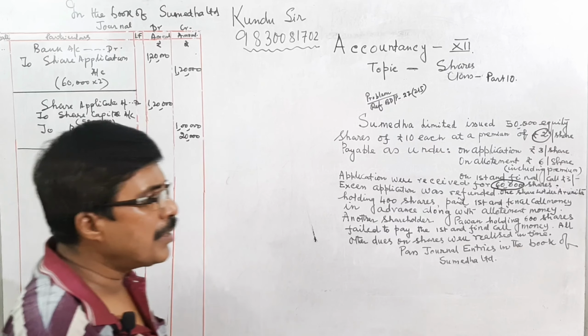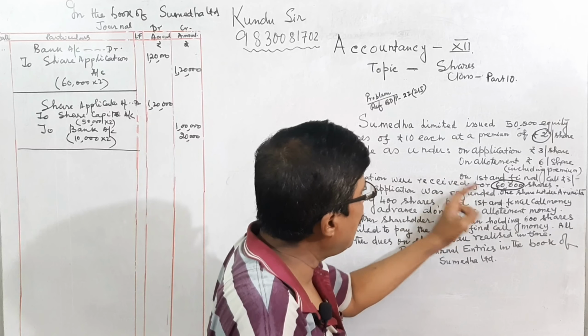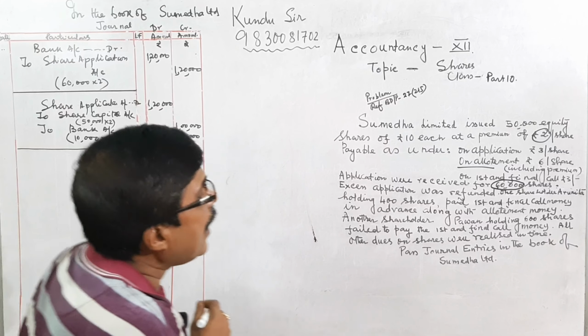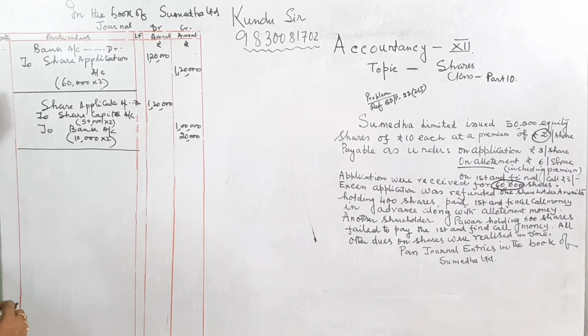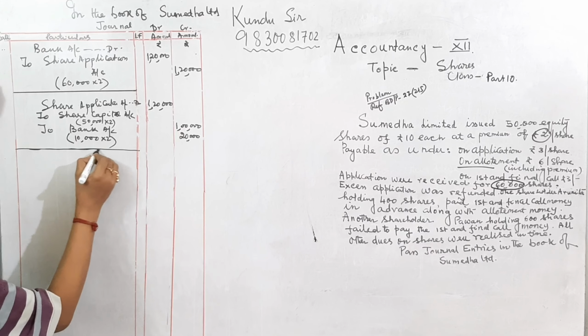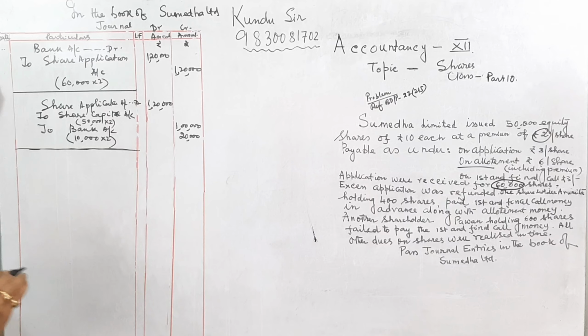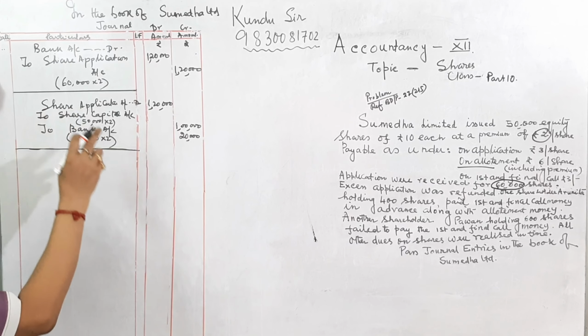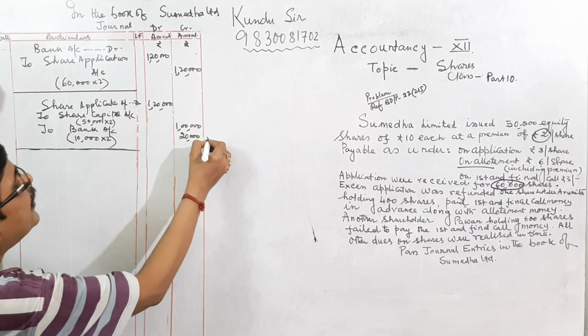Now we are going to make the entry for the amount due on allotment. We are giving intimation to the applicants who are getting shares, because the 50,000 applicants are getting shares and the 10,000 applicants' money is already refunded.